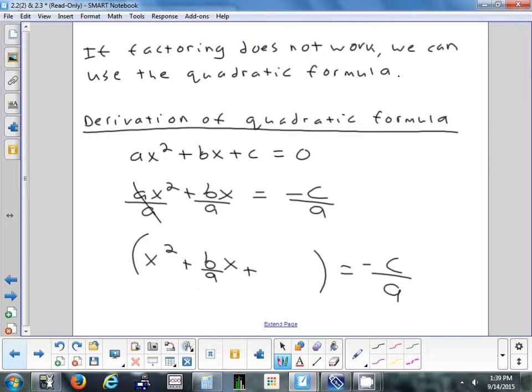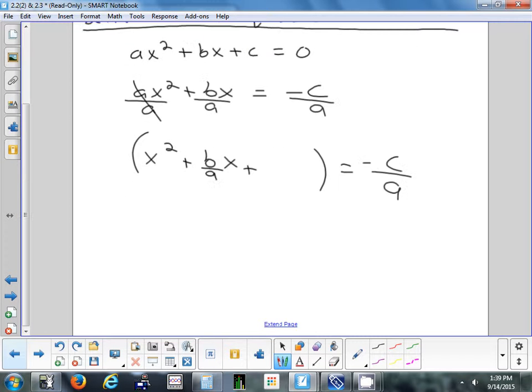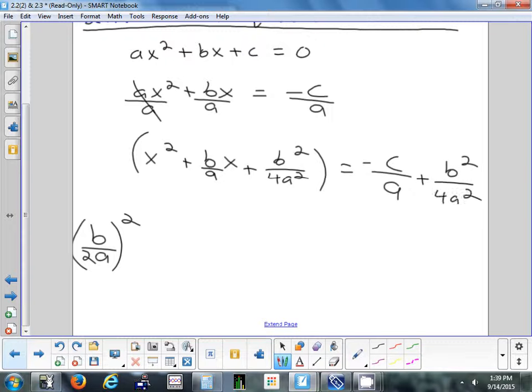And to complete the square, remember you take half of something and square it. So what you'd have to add to both sides is this, but take half of it. So you put a 2 in the bottom, that cuts it in half, and square it. So it's really b squared over 4a squared. And you'd have to add the same thing on the other side: b squared over 4a squared.